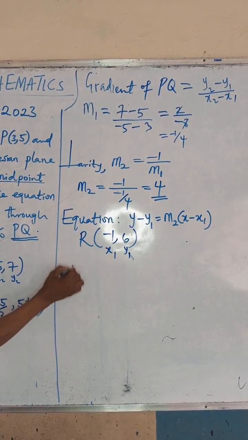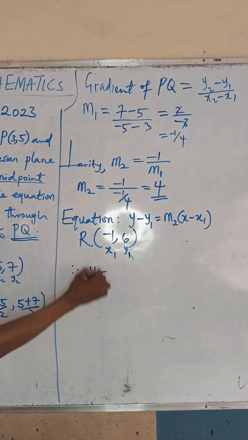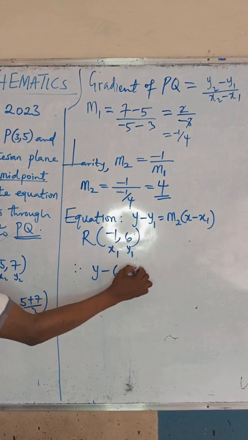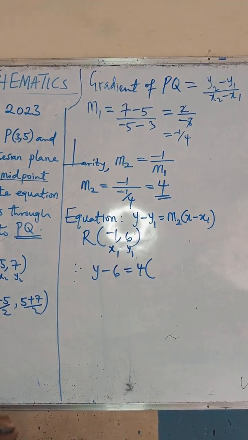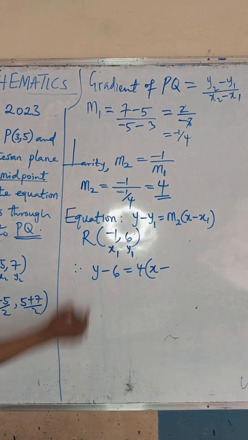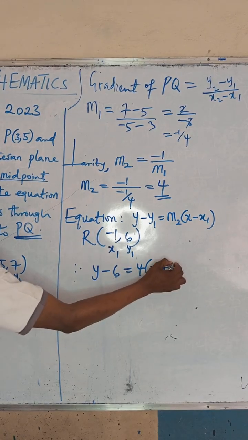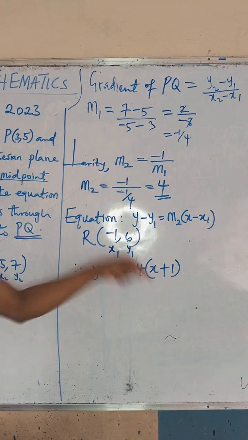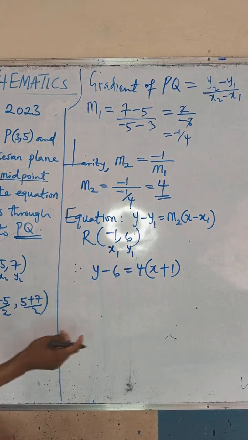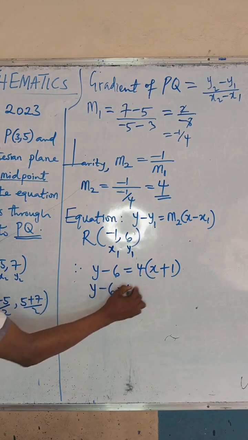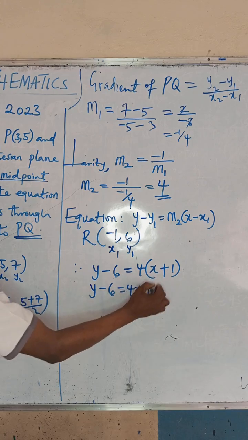Let's substitute now. We have y minus y1, which is now 6, equals m2, that is 4, the new gradient, times (x minus x1, minus 1). That changes to x plus 1, since minus minus becomes plus. So we have y minus 6 equals 4(x plus 1), which becomes 4x plus 4.